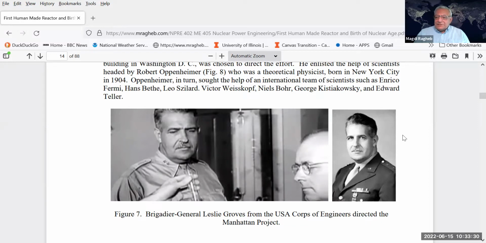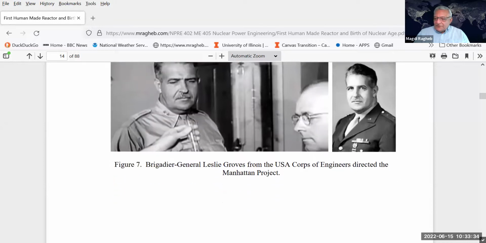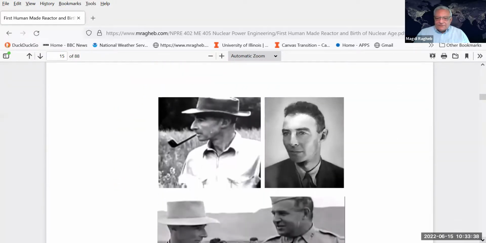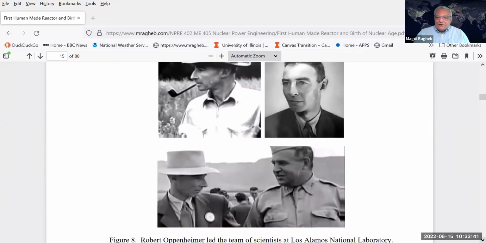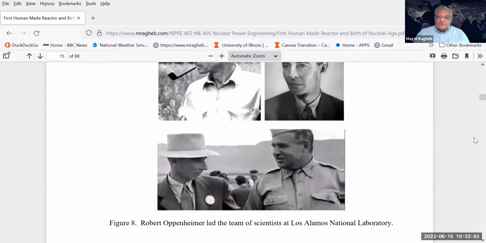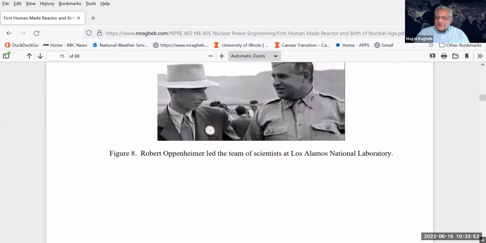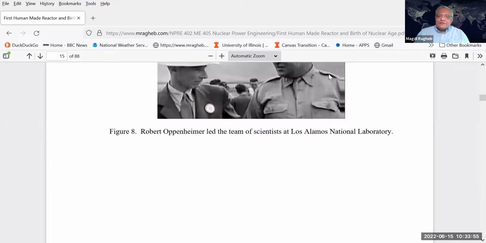He was a good engineer, but he needed input from the scientists. He found himself a scientist that he went along with, shown here. That is Robert Oppenheimer, a scientist from the University of California at Berkeley. And they started setting together a scientific project that was called the Manhattan Project.